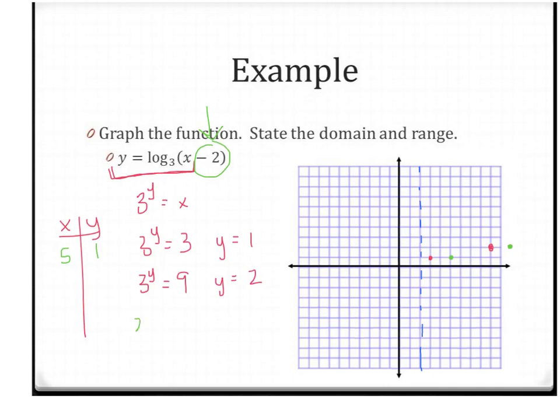Let's put in x as a third, because I'm going to shift, so this should work. So what would y have to be? Y is -1. So this starts out as a third, -1, which would be there, but then I'm going to shift it. There we go.